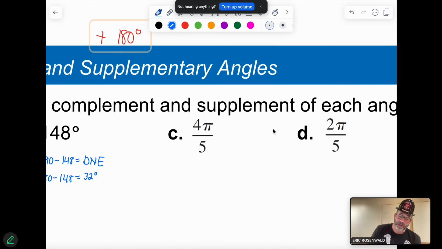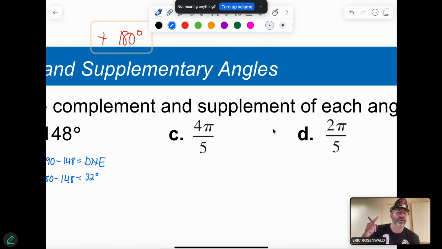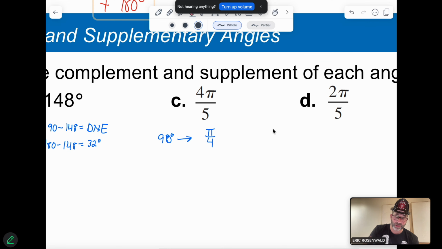So when we talk about complementary, remember, if we say that they're going to add up to 90 degrees, if you recall from up above, that's the same as saying pi over 2. Okay, 90 degrees is the same as saying pi over 2.